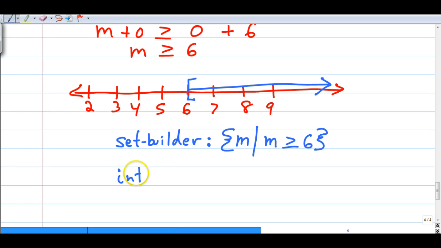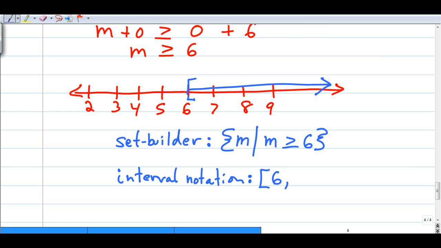Let's do the interval notation next. The interval notation we can read right off the graph. Reading left to right, I see I run into a bracket, so I'll put a bracket, and it's graphed on the 6, so I'll put a 6 and then a comma. And then I look to see where it's graphing out to.